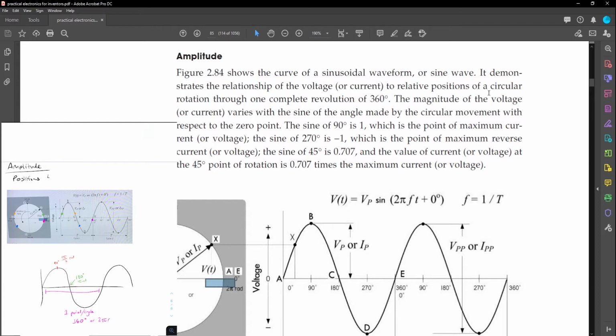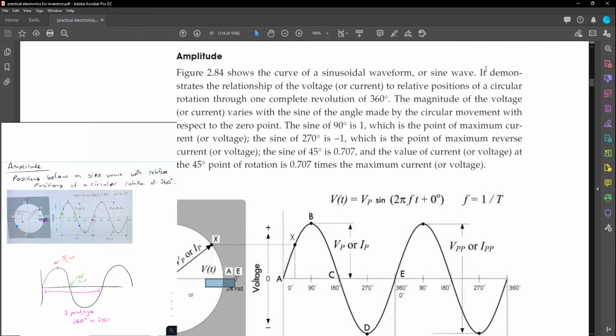So, positions on the sine wave relative to the positions of a circular rotation of 360 degrees. Okay, I'm comfortable with that.